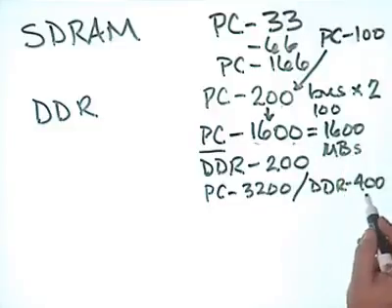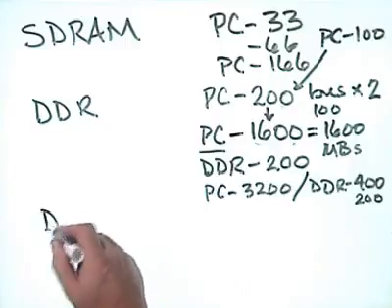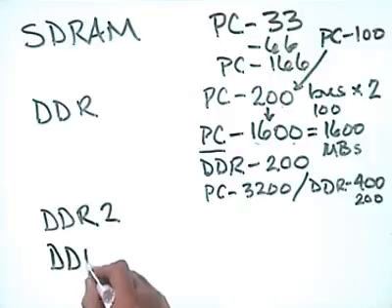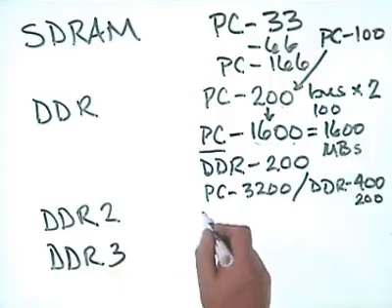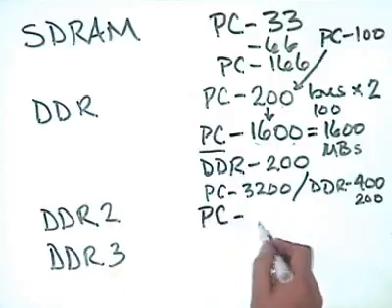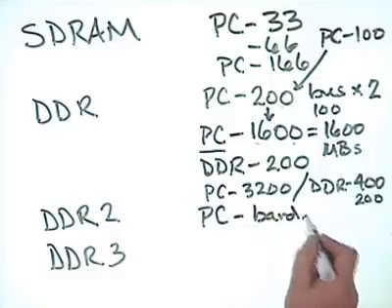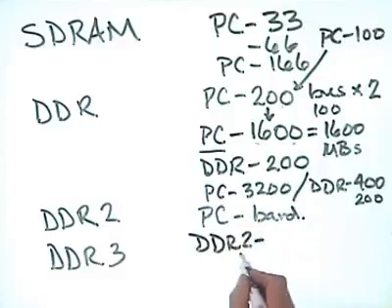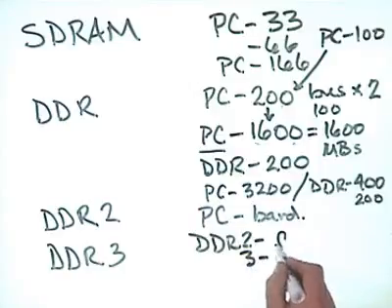So in this case, the bus speed would be 200 MHz. Newer designations for DDR2 and DDR3 memory follow these same conventions. The PC designation identifying bandwidth, and the DDR, either 2 or 3, identifying the frequency.